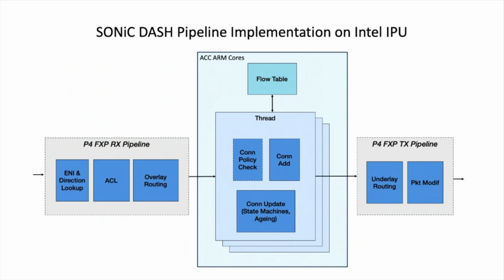All the packets are sent to the ARM cores in order to do the connection tracking, where we have a TCP state machine. We draw any connection updates to the flow tables, as well as aging is handled here as well. And then the packet goes to the TX pipeline, where we do some packet modification, and then the packet is forwarded out.